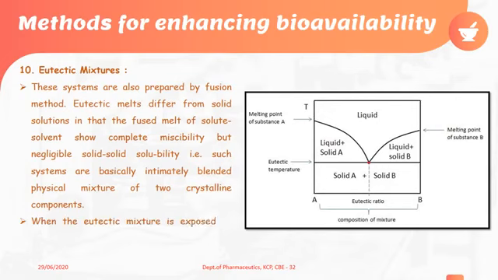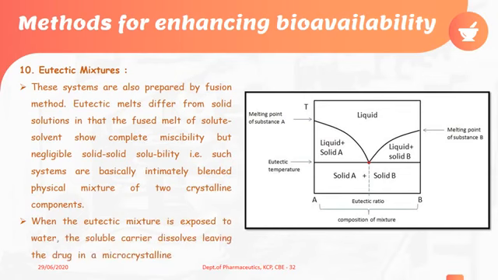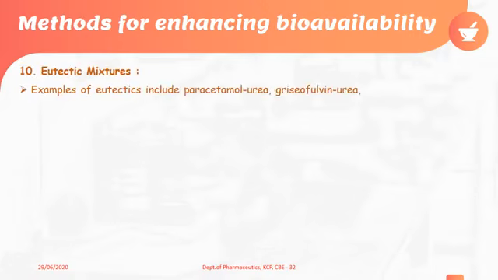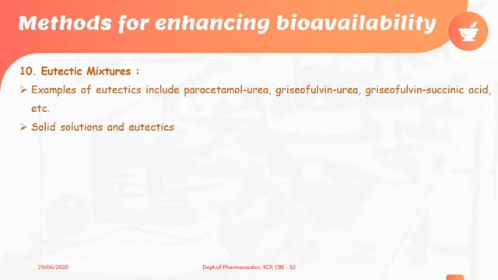When the eutectic mixture is exposed to water, the soluble carrier dissolves, leaving the drug in a microcrystalline state, which is solubilized rapidly. Some examples of eutectic mixtures are paracetamol-urea and griseofulvin-succinic acid.